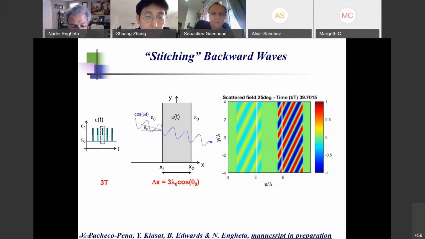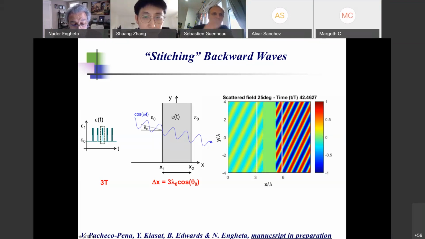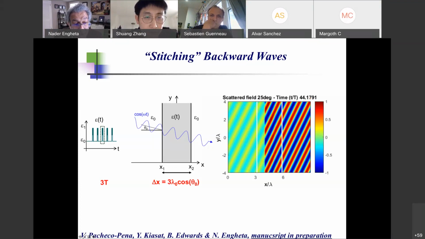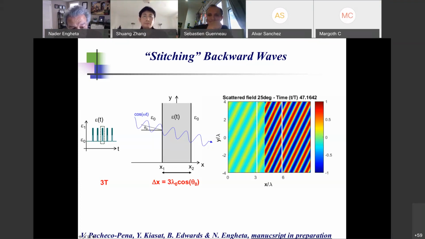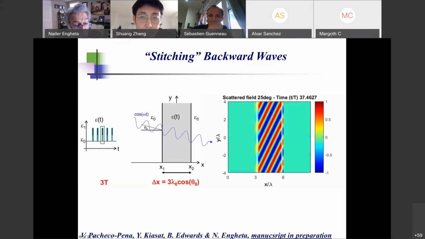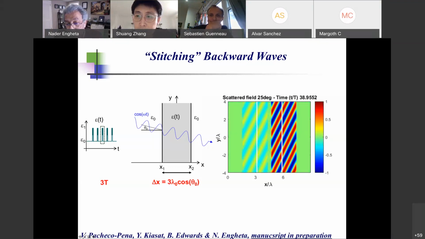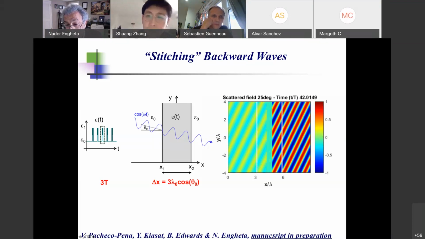The answer comes right from this expression. It depends on the thickness and on the angle. If we know the angle and the thickness, you can work it backward to find what this spike should be in order to make sure that the backward wave is stitched together over here.